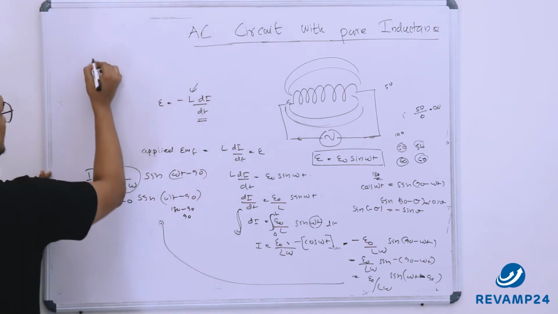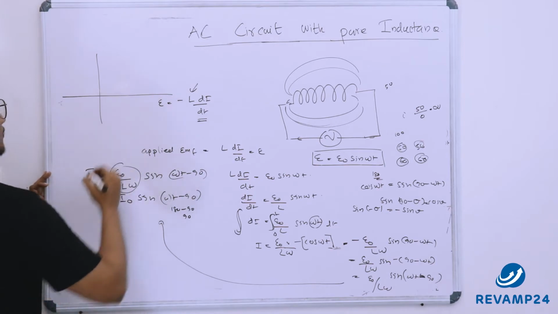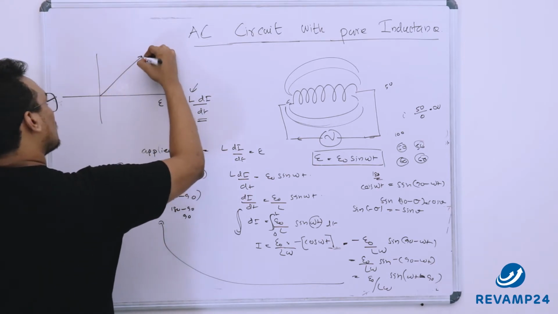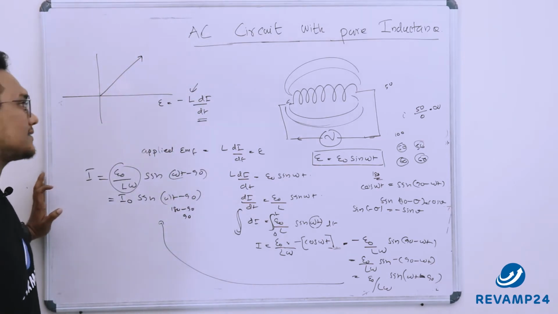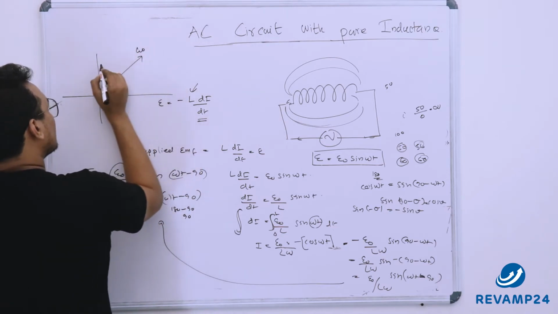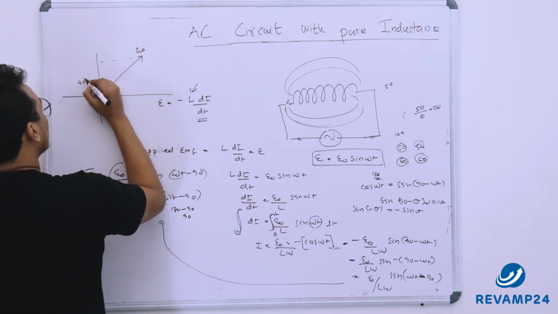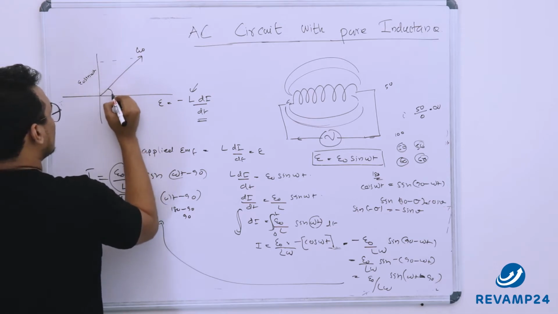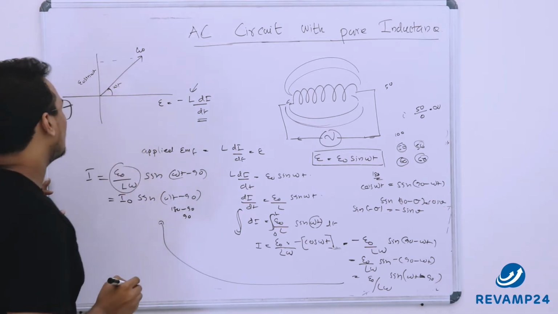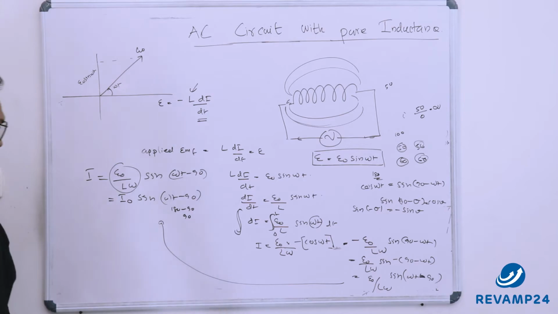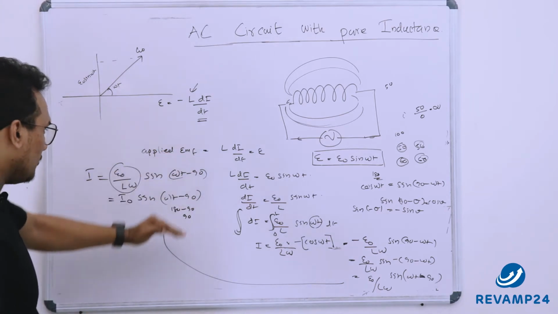I will represent the phasor diagram. Okay. Now always we have to draw E, because E is the input. So this is E0 and its x projection is E0 sin omega t, and this is leading by omega t. But where is current? 90 degree backward.